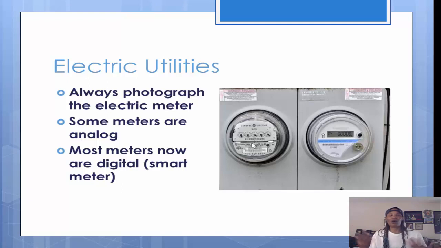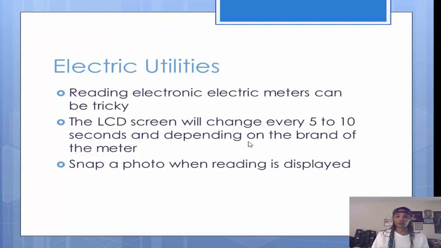And your photograph won't really capture that, but your eyes will. So if you look at that analog meter and see if that center dial is actually spinning, if it is spinning, that indicates that the power is turned on. If it's not spinning, that indicates that the power is turned off.